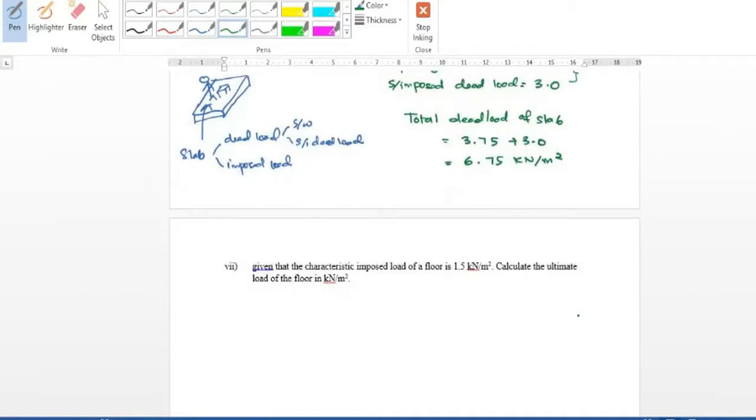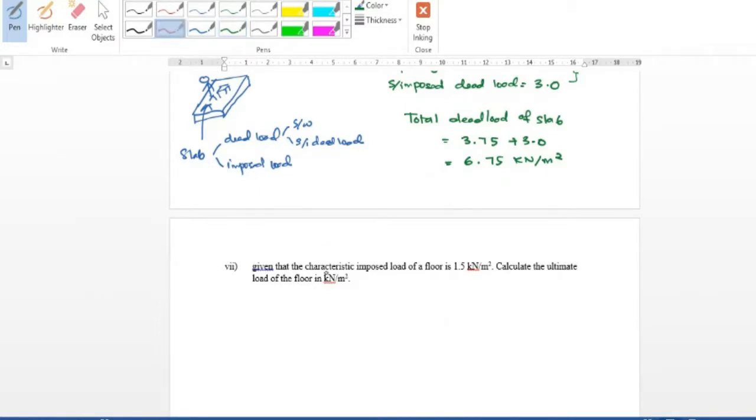Next, still continuing the story of the slab. Given that the characteristic imposed load of floor is 1.5 kilonewton per meter square, calculate the ultimate load. Here again, we have another term that you have to understand.